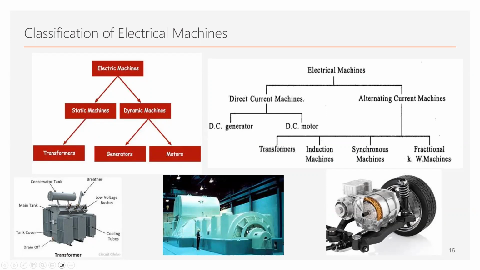That's why they are called dynamic machines, because one of the parts of this machine, generator or motor, moves. The part that moves is called the rotor, and the part that doesn't move is called the stator, because it is stationary.